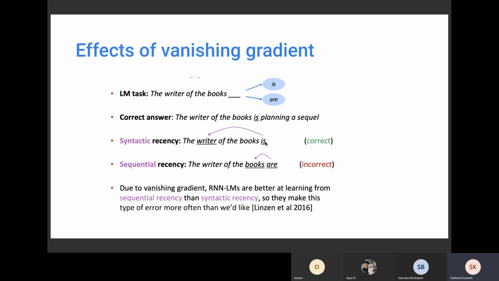But due to the vanishing gradient problem, the model may predict are with more probability. It's the same problem: sequential recency gets more predominance over syntactic recency in these RNN models.